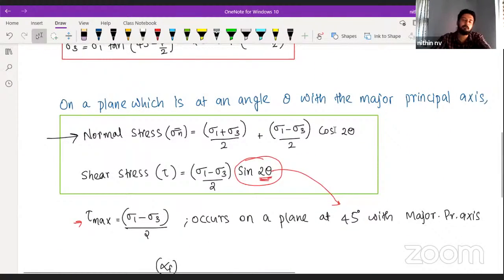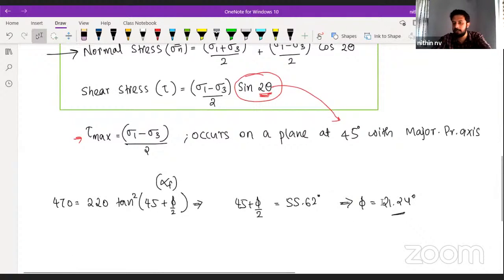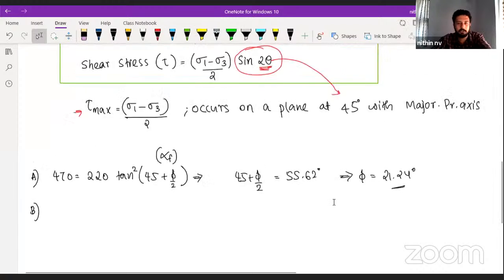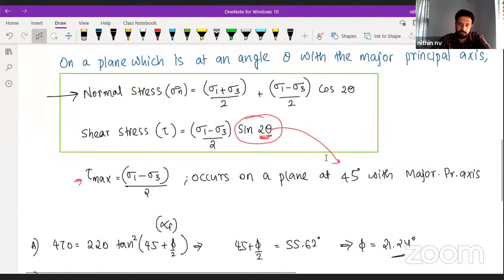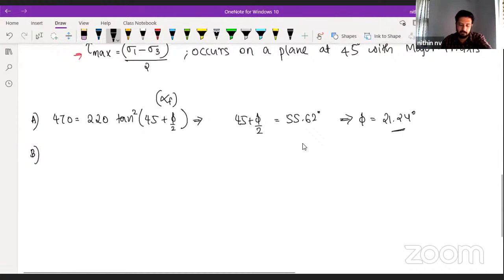So cos 2 into 45 plus phi by 2 will come. Phi value we already calculated, so 45 plus phi by 2 we already have. Substitute and tell me how much it will be. Everyone, what will be the equation then? Sigma 1 plus sigma 3 by 2 plus sigma 1 minus sigma 3 by 2 cos 2 into that answer.